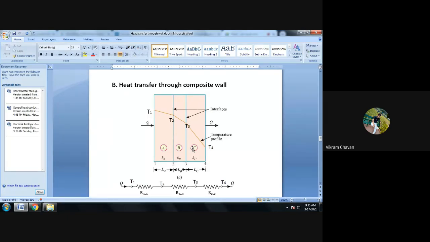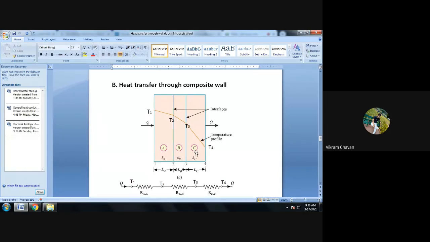So if heat enters the tank, more petrol will get vaporized. To reduce this loss, we have to avoid heat entering the tank, so we provide insulation. Here A is the base material, B is the first insulation over it, and C is the second insulation over that.